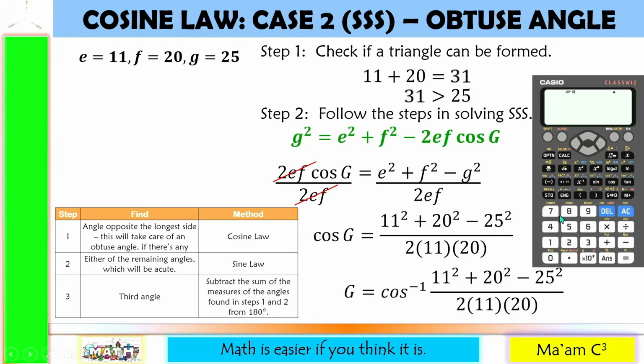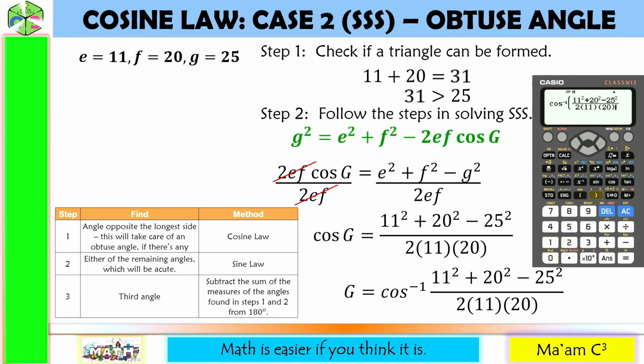Let us solve this. We have shift cosine of 11 squared plus 20 squared minus 25 squared all over 2 times 11 times 20.